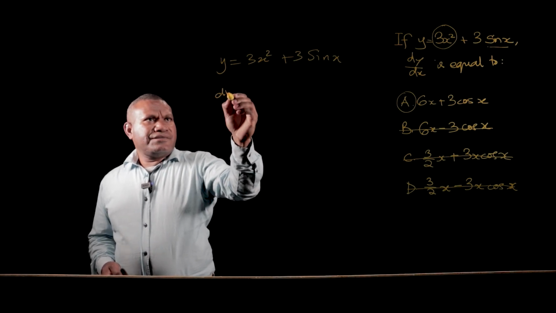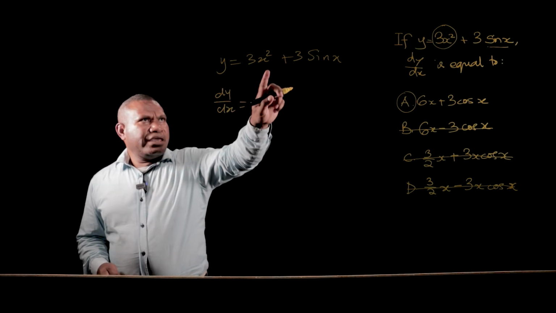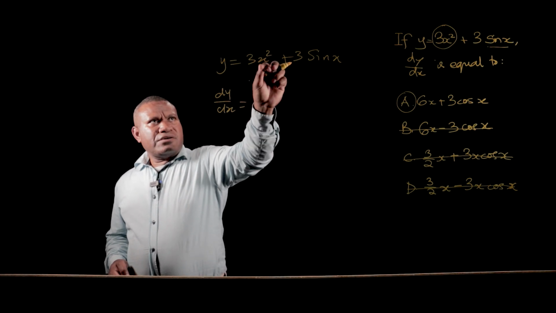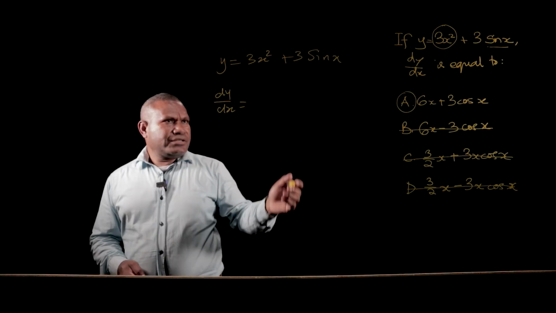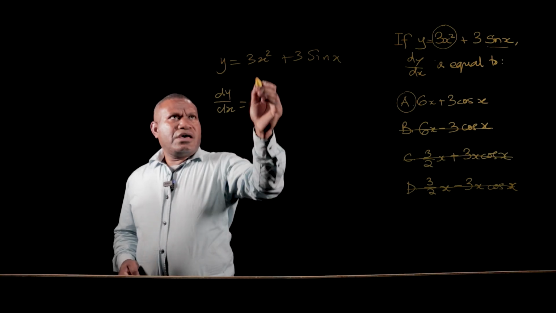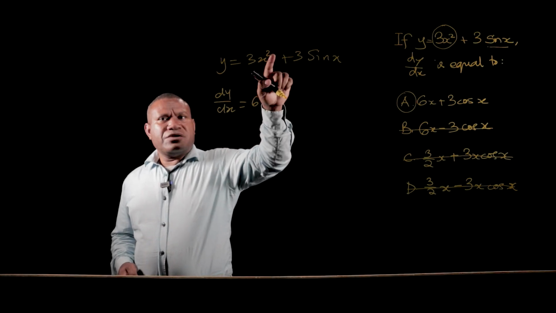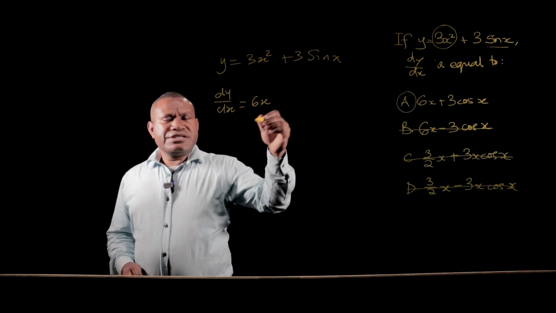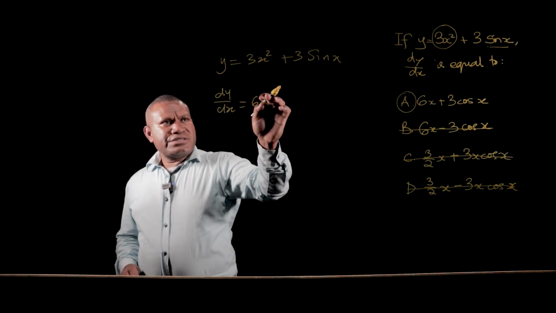For this term, bring the exponent in front and multiply by the coefficient. So it will be 2 times 3 is 6, and then we subtract 1 from this power.